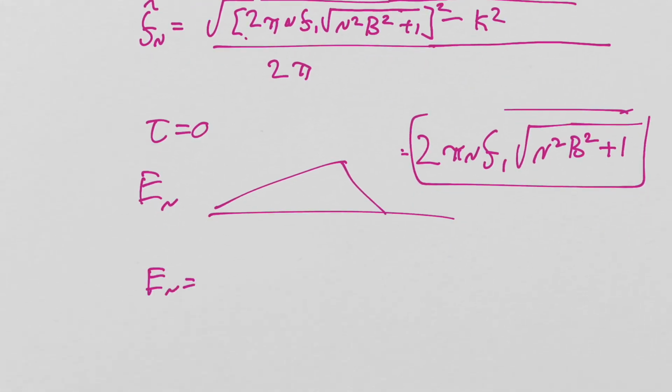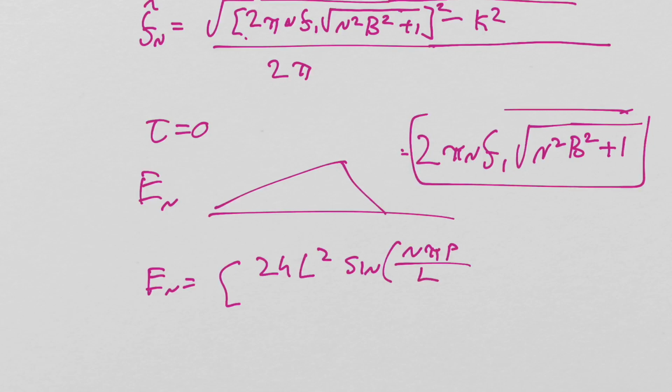E_n will end up being 2 times the initial string displacement times the scale length times the sine of n pi times the position of the pick over the scale length, divided by the position of the pick times the scale length minus the position of the pick, harmonic number squared, pi squared.